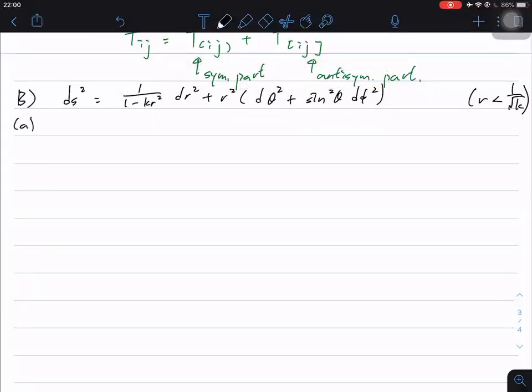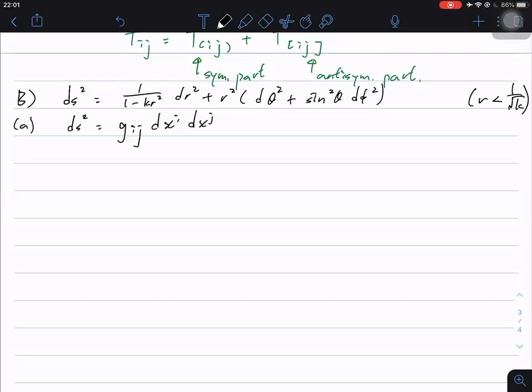Okay. So in part A, you're asked to write down the metric tensor g_ij from this line element. Well, this is easy because the line element is basically equal to g_ij times dx^i dx^j. So clearly from this line element, there is no dr d theta or d theta d phi.